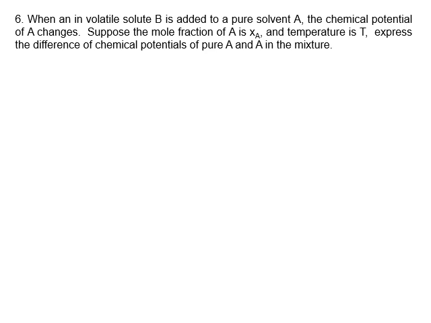The last question: when an involatile solute B is added to a pure solvent A, the chemical potential of A changes. It asks you to express the difference between the chemical potential of pure A and A in the mixture. Now in class, we derived the equation for the chemical potential of the solution.